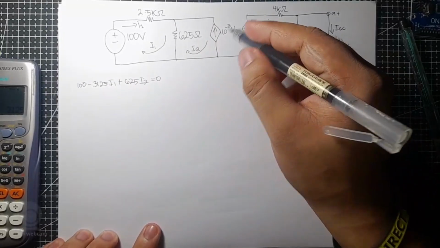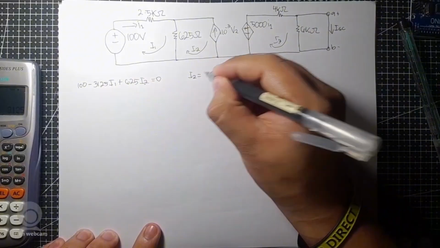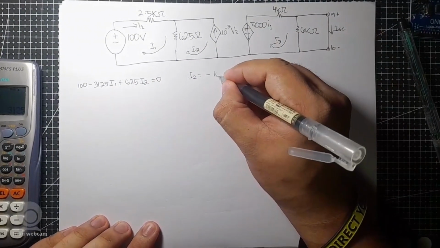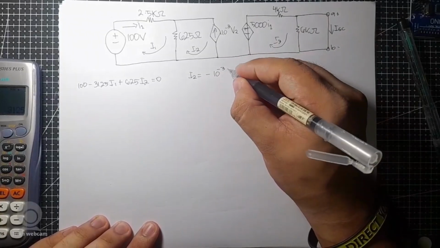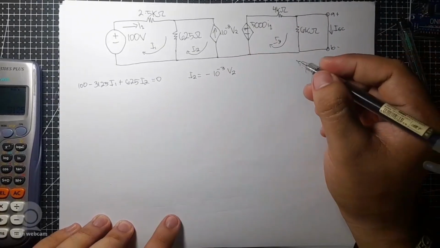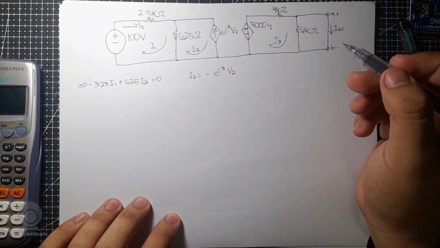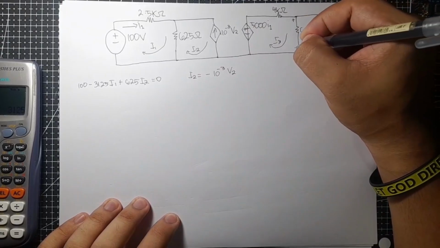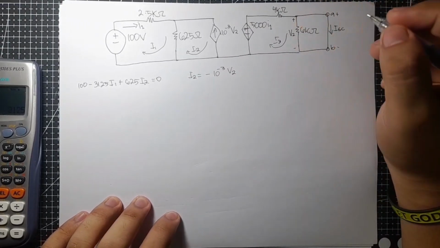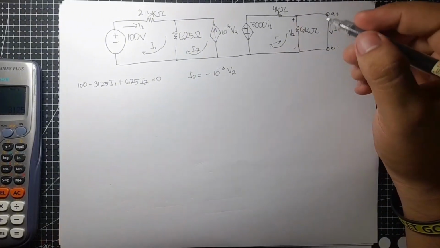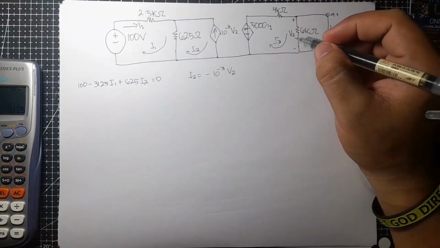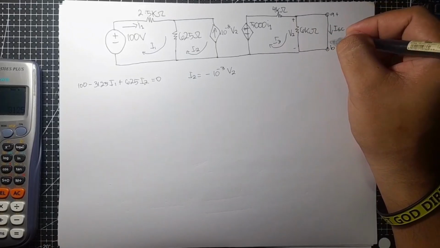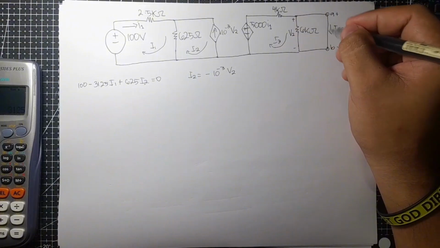And we know that I2 is equal to negative 10 to the negative 3 V2. So here is V2. So in this loop 3, we can see that the short circuit current is here.